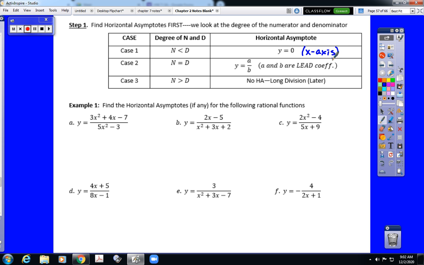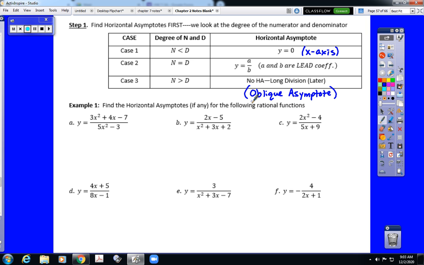If the denominator and the numerator have the same degree, then the horizontal asymptote is y equals a over b, where a and b are the lead coefficients of the numerator and the denominator. Case 3, if the numerator has a higher degree than the denominator, then we have an oblique asymptote, not a horizontal asymptote. We're not going to talk about that until later in the videos.